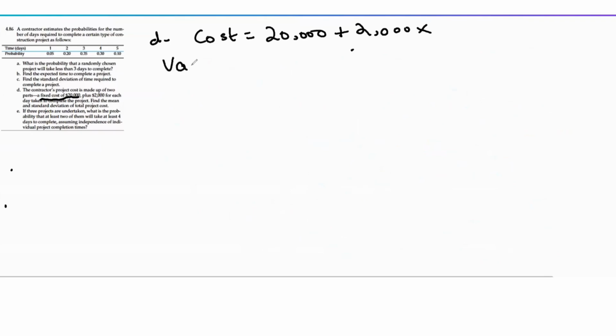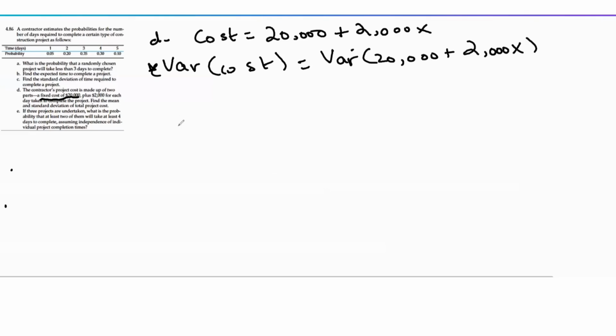So the variance of cost is essentially the variance of this function, 20,000 plus 2,000x. Here again we use a property. Just like we had a property for expectation, we have a property for the variance of ax plus b.